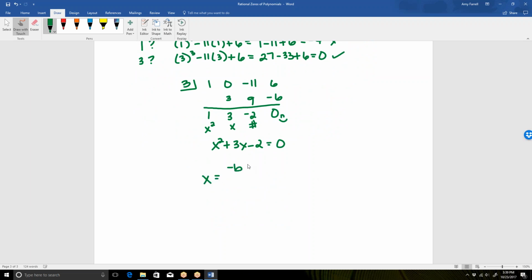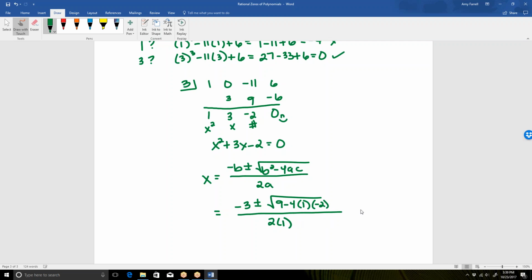So here's the quadratic formula. I'm going to use it to help me come up with the other 2 zeros. And so we have -3 plus or minus the square root of 9 minus 4 times 1 times -2. The whole thing is over 2 times 1.